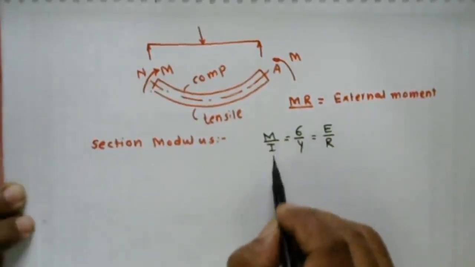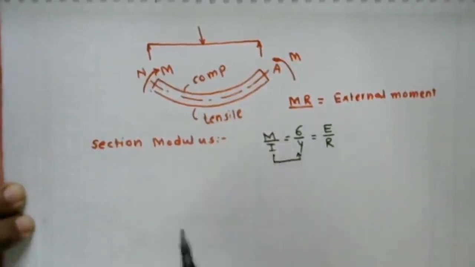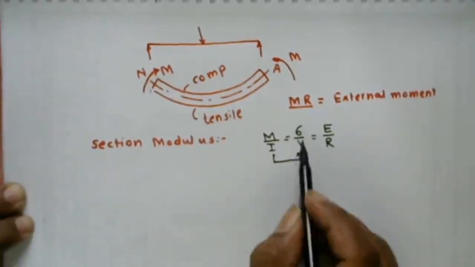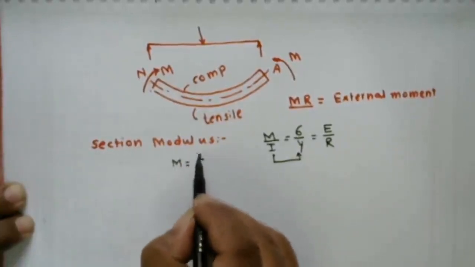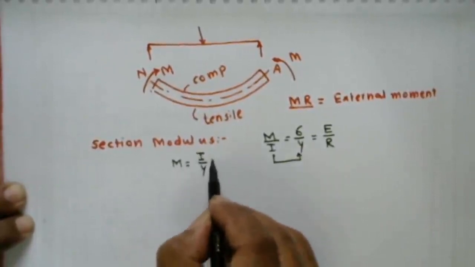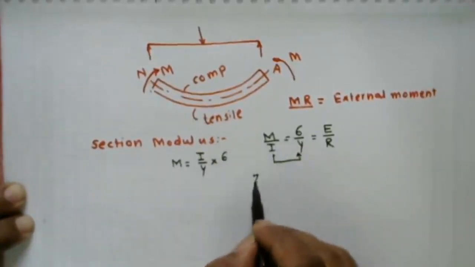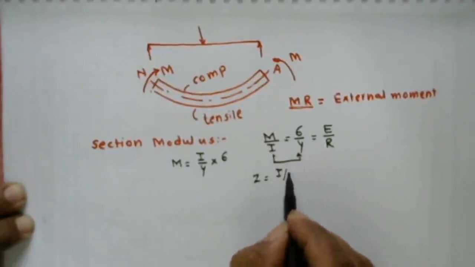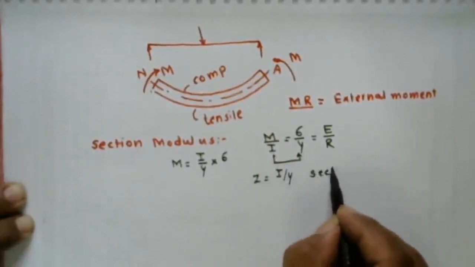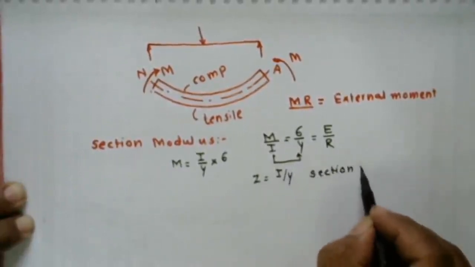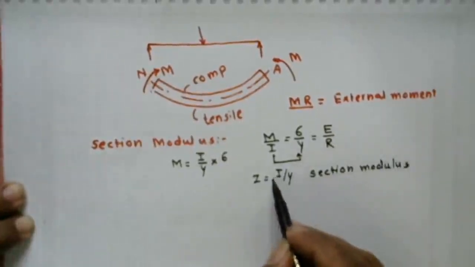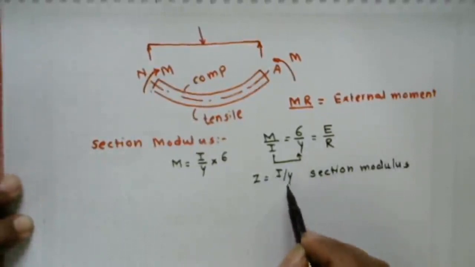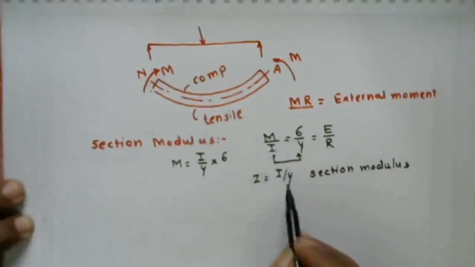If we consider these two terms, M upon I is equal to sigma upon Y, then we may rearrange the equation: M is equal to I upon Y into sigma. So I upon Y is nothing but what is called the section modulus. Section modulus is defined as the ratio of the moment of inertia about the neutral axis to the distance of the extreme fiber from the neutral axis.